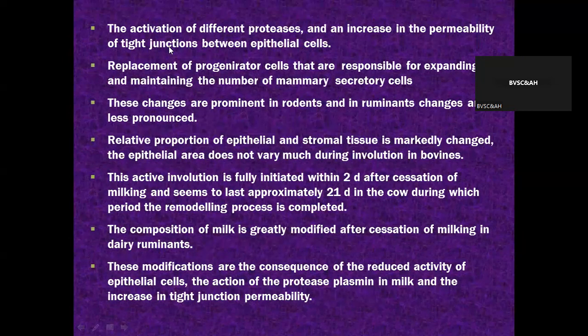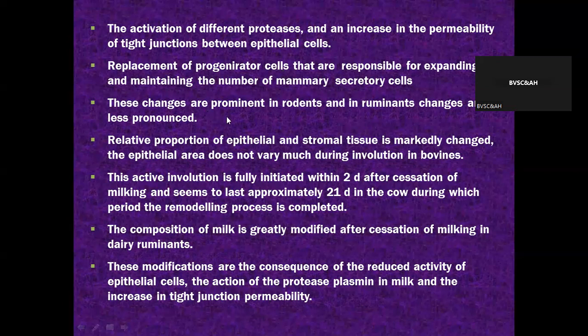The tight junctions get lost, there is increased permeability, different proteases get activated, and there is replacement of progenitor cells that are responsible for expanding and maintaining the number of mammary secretory cells. So the epithelial cells that have gone apoptotic are replaced by progenitor cells, which take care of the new epithelial cells being produced for the next lactation.